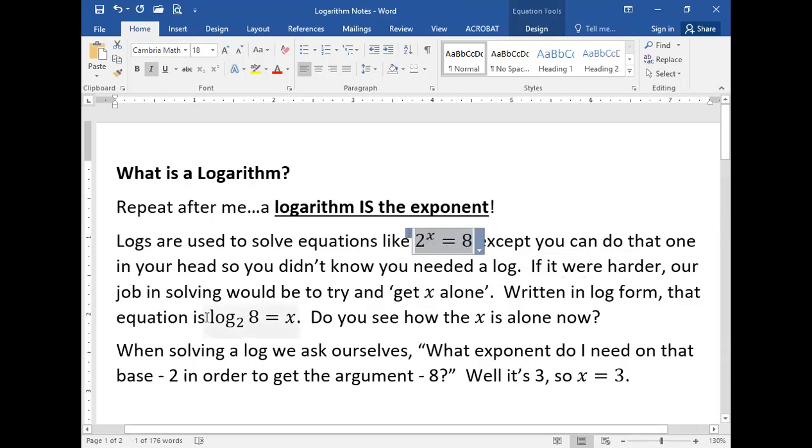This is saying 2 to what power gives me 8? Or vocabulary, the base right here is 2. The base raised to what exponent gives me, this is called the argument, or the 8. Okay, so we know it's 3, right? Yeah, we said that a long time ago.